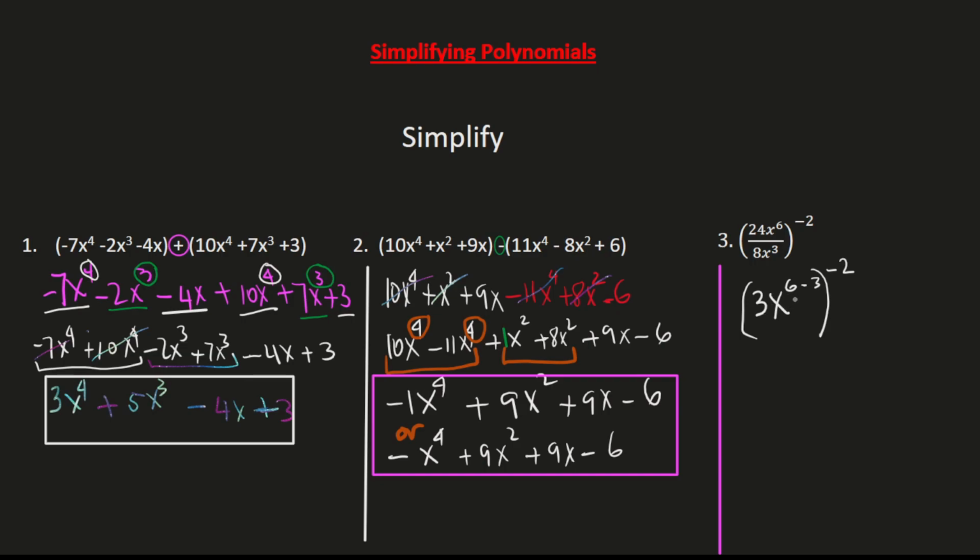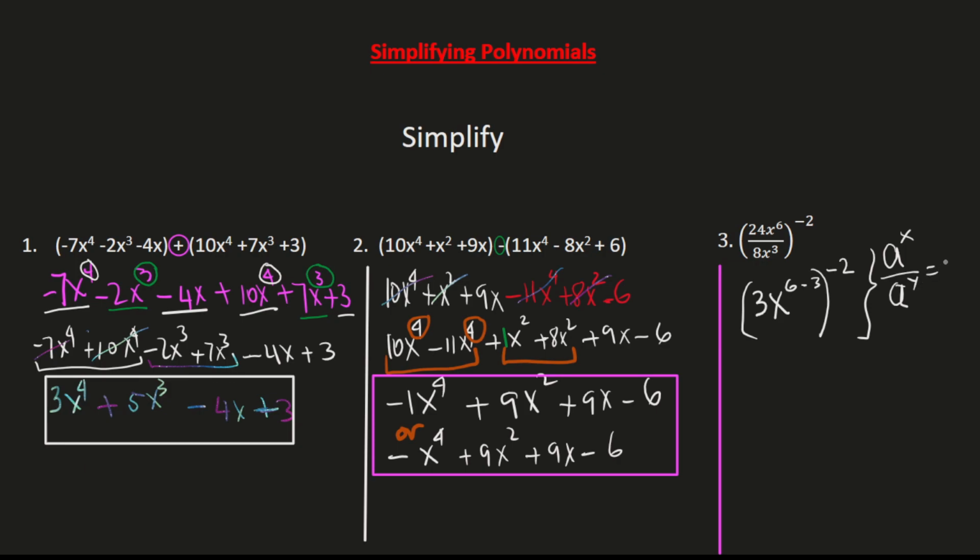So there is a rule for this one here. The rule says, if we get a to the x over a to the y, this is division of exponents.